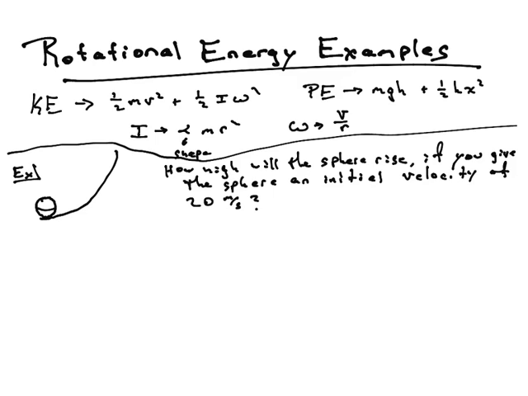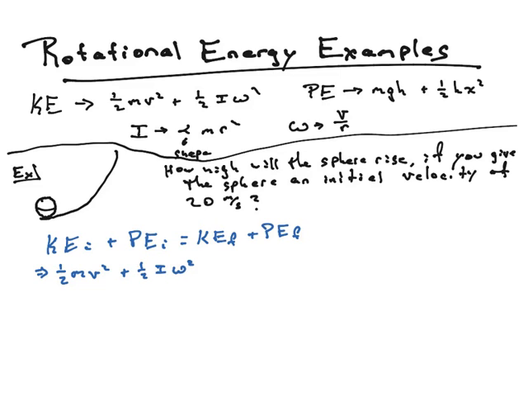All right. So, conservation of energy says kinetic initial plus potential initial is kinetic final plus potential final. Kinetic initial: 1/2 mv squared plus 1/2 I omega squared.